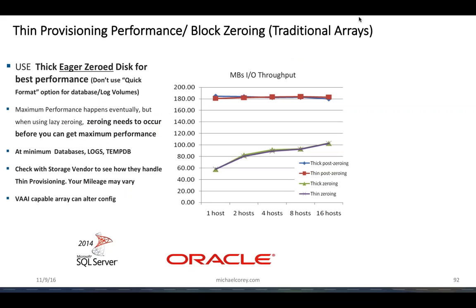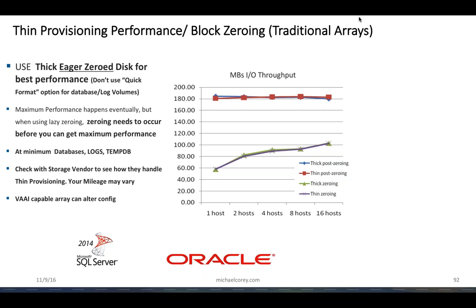Thin provisioning. I am not a fan of thin provisioning. I want to use eager-zeroed thick disk for best performance. By doing that, you avoid the first write penalty. And so for me, from a database performance perspective, I want to avoid that. At a minimum, I want it on my database logs and tempdb.